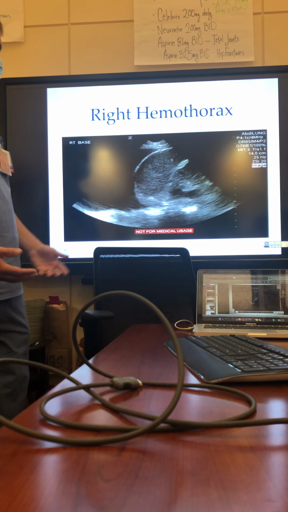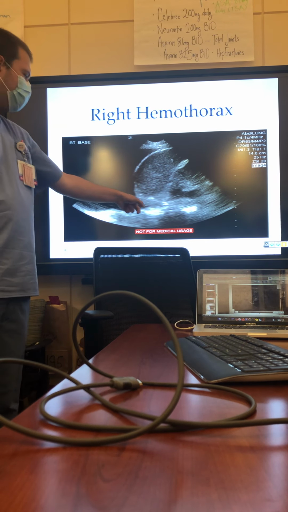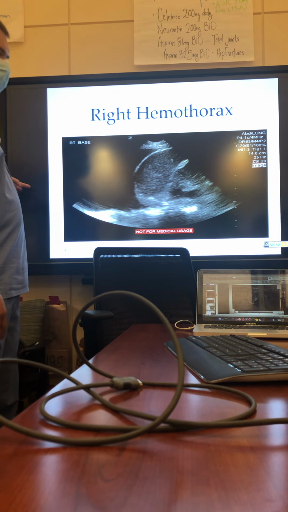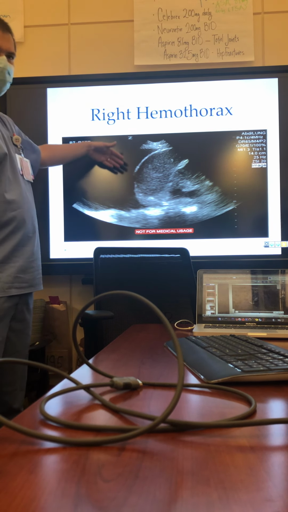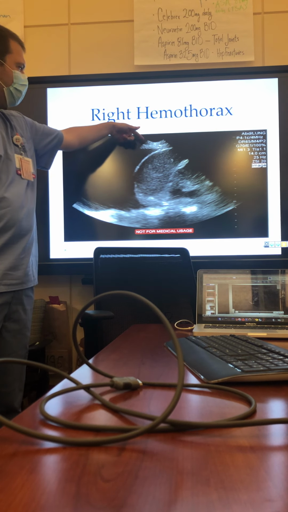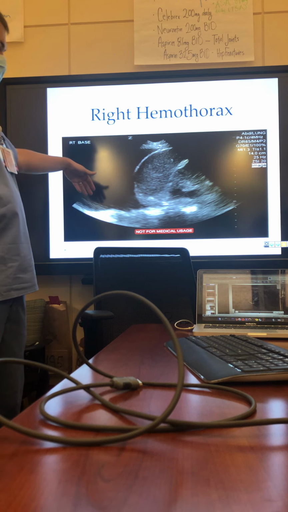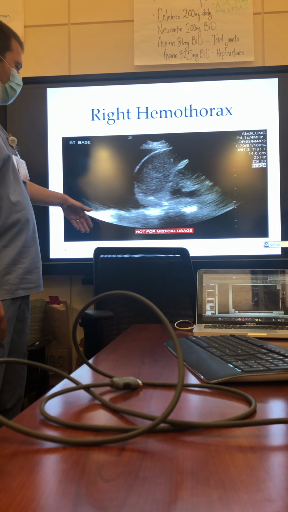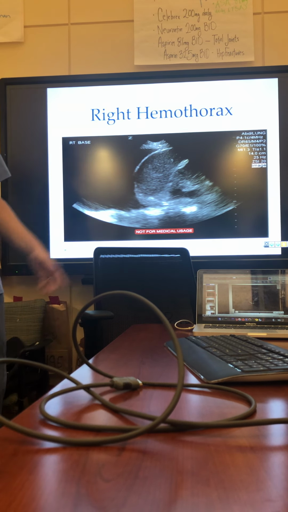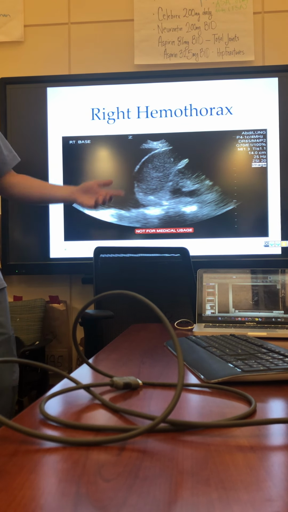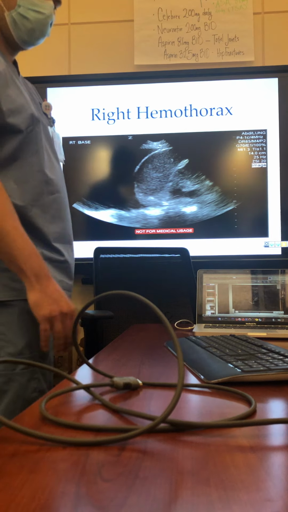Now the spine's obviously always there, but it would appear to stop here, and you would have no white going forward. That's because the signal just gets sort of trapped right when it gets to the surface of the lung. But because there's fluid here instead of lung, it transmits the signal all the way through, and now you can see the spine. So this is called the spine sign. If you see this at the base of the lung, it means that there's fluid within the lung.